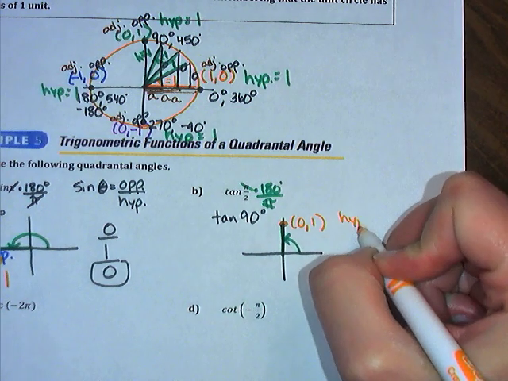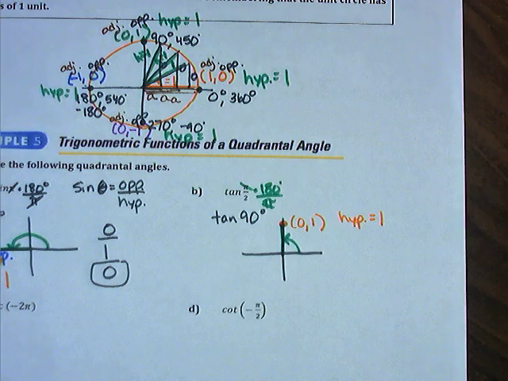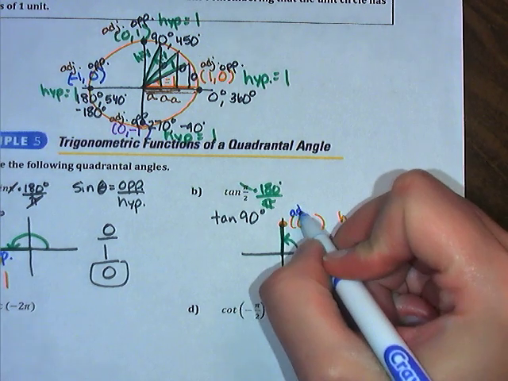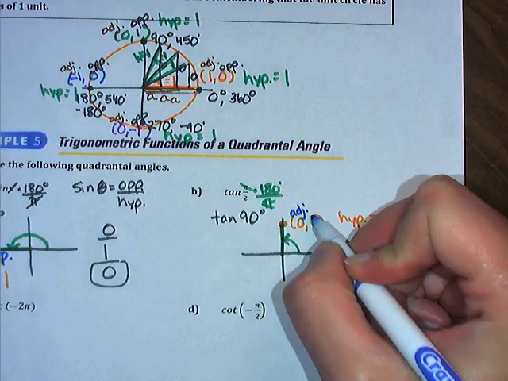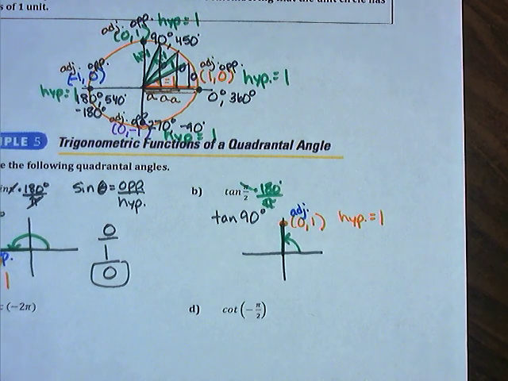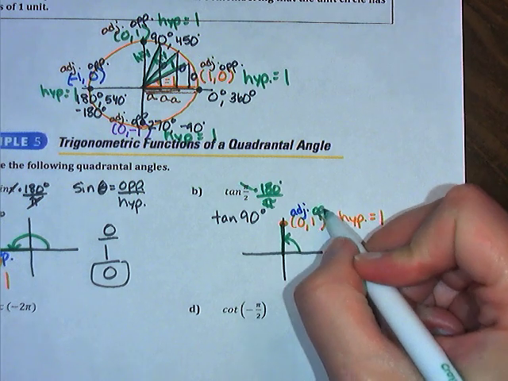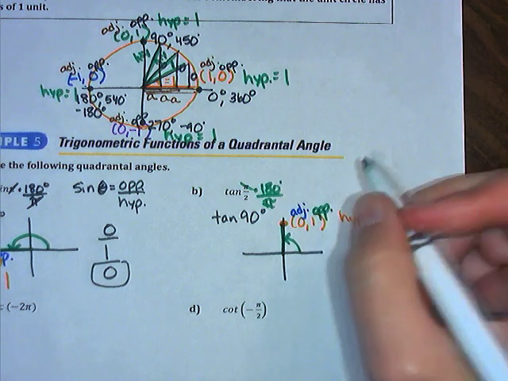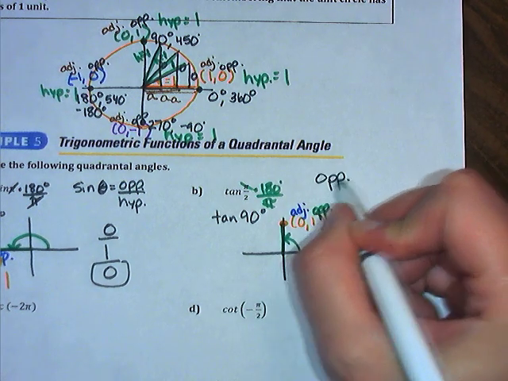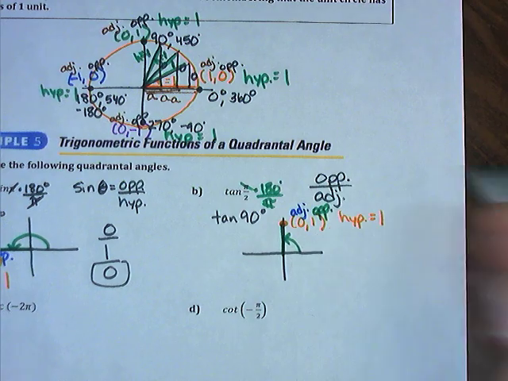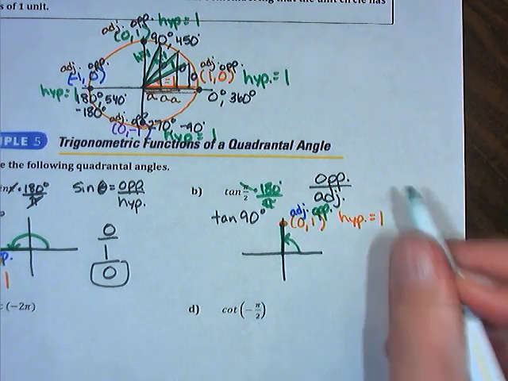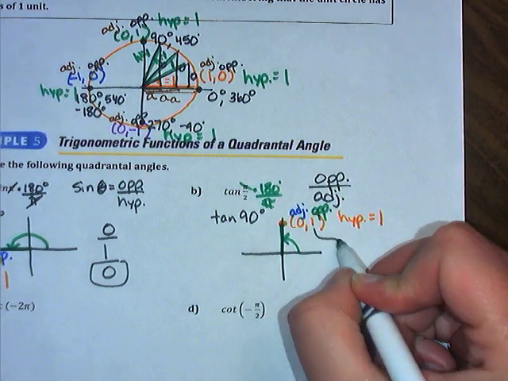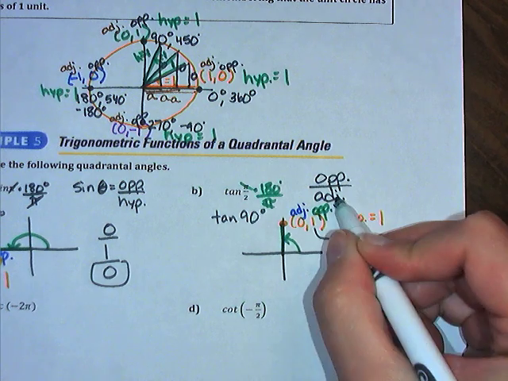Hypotenuse, 1. The x value is always the adjacent. The y value is always the opposite. We know that the ratio for tangent is opposite over adjacent. So we're just going to put 1 over adjacent 0.